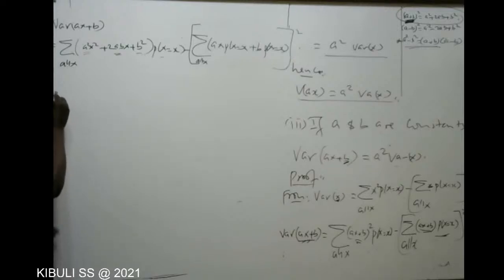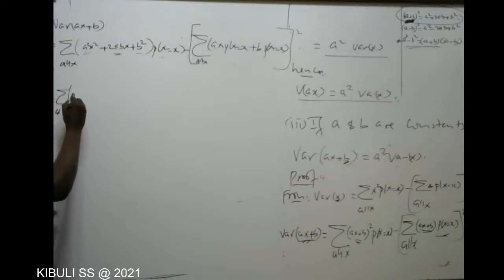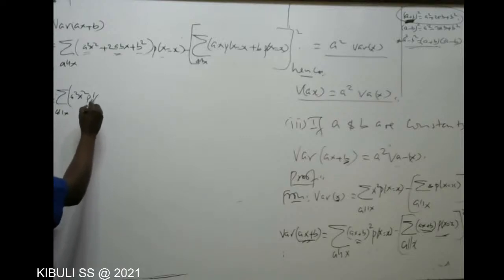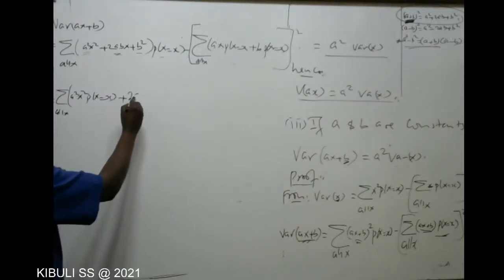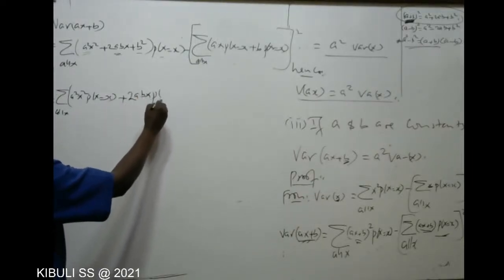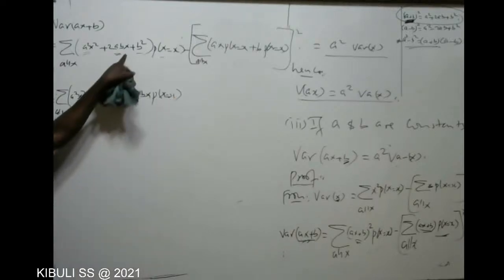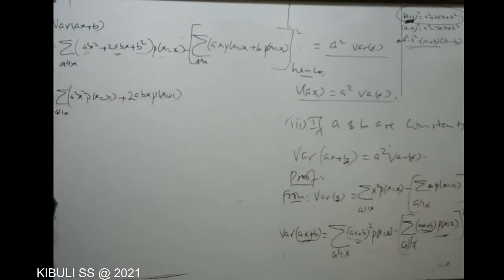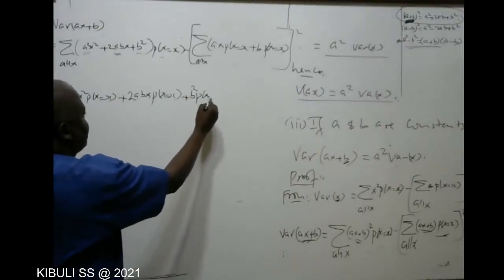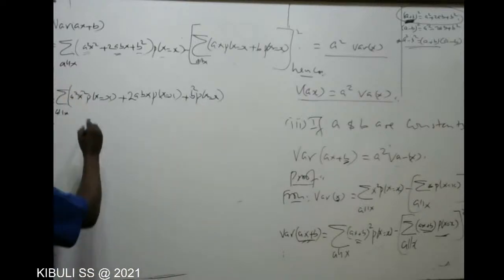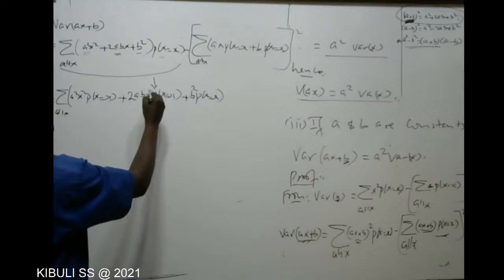This will give us the sum of all of X. We shall have A squared X squared probability of X is equal to X, plus 2AB X probability of X is equal to X. Everything in the bracket must be multiplied by that one, plus B squared probability of X is equal to what? X. When I expand this, I get that one.